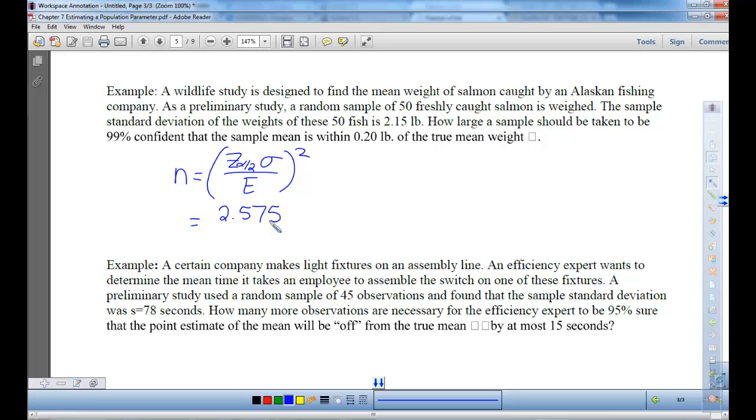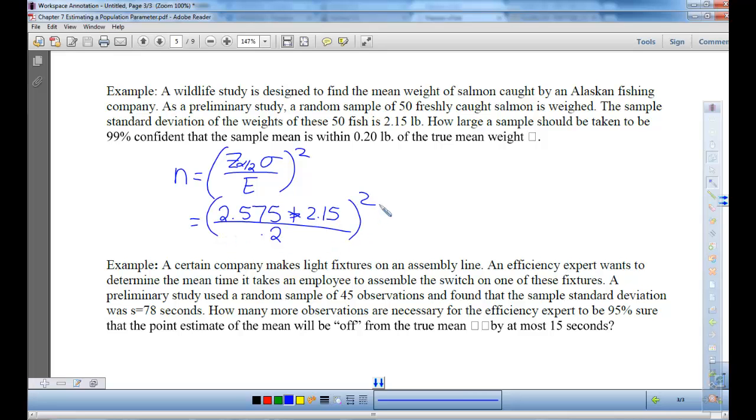Okay, the standard deviation, and with this, it doesn't matter where it comes from. That's not an issue. Our standard deviation is 2.15. And our margin of error is 0.2.